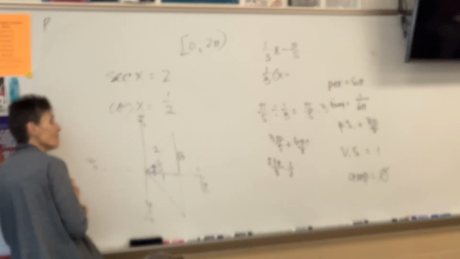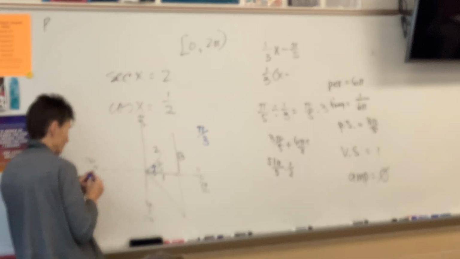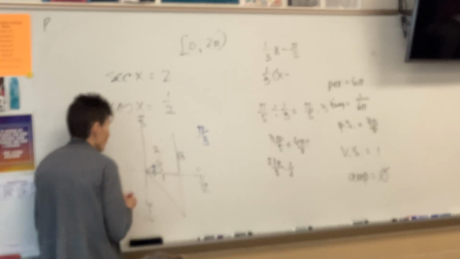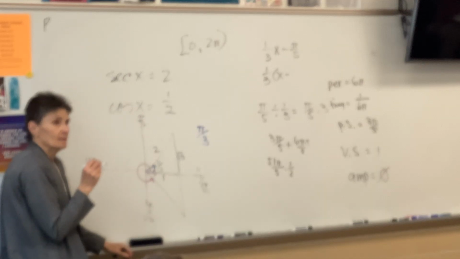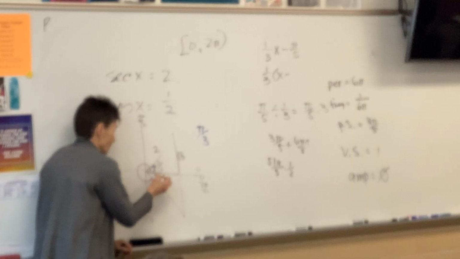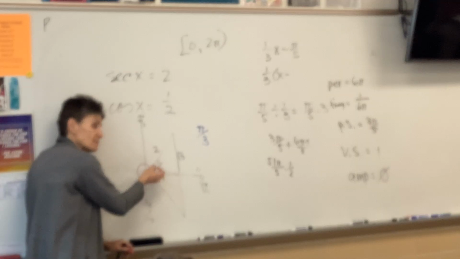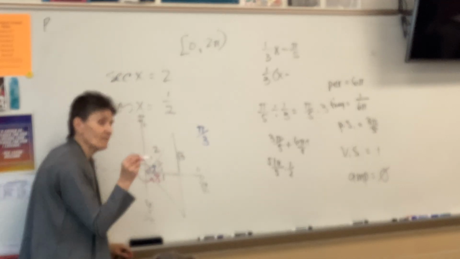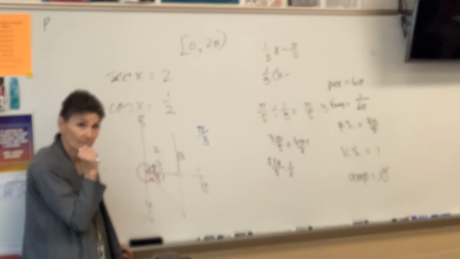All right, so what are my answers? Well, my blue answer is pi over 3. What is my pink one? Now remember, these angles are the same size. So if I went all the way around, that would be 6/3, right? 2 pi, 6/3.